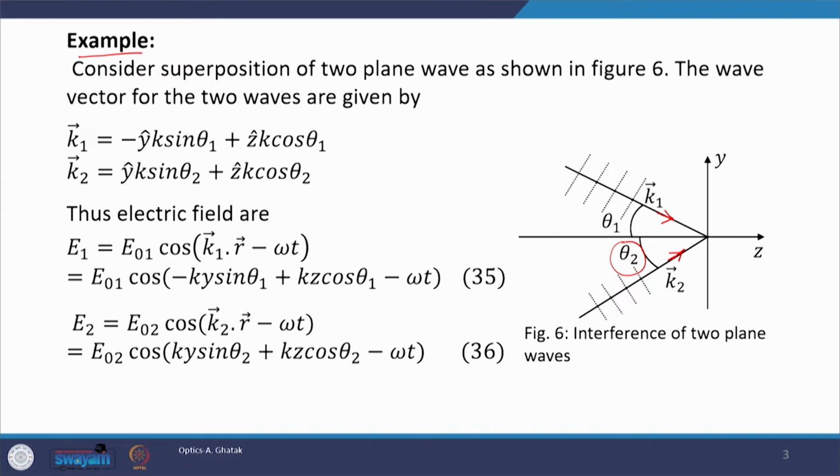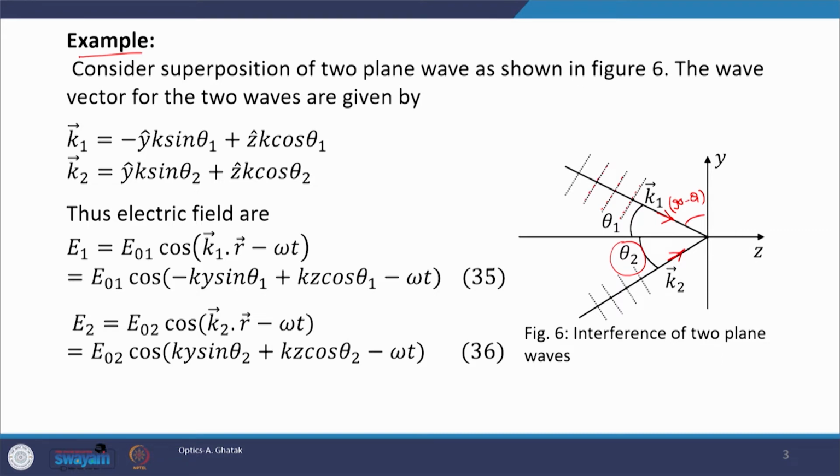Now, as you see in the figure, the k1 is making an angle theta 1 with z axis, and therefore 90 minus theta 1 with y axis. This angle is 90 minus theta 1. And this dashed line represents the wave front or phase front, which is plane in our case.